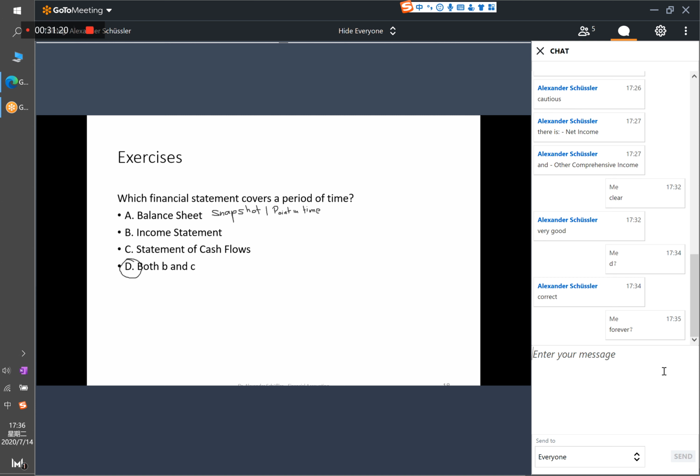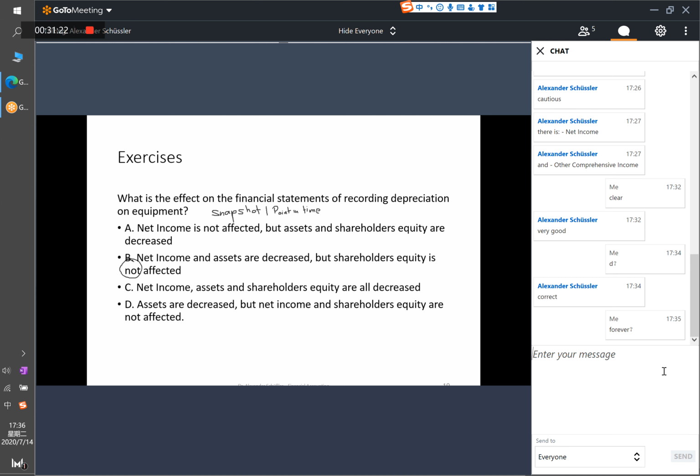And this is the next one. What is the effect on the financial statements of recording depreciation on equipment? Think about it.